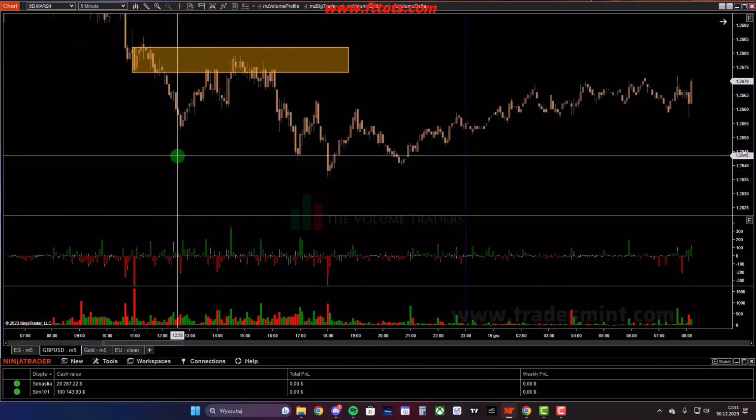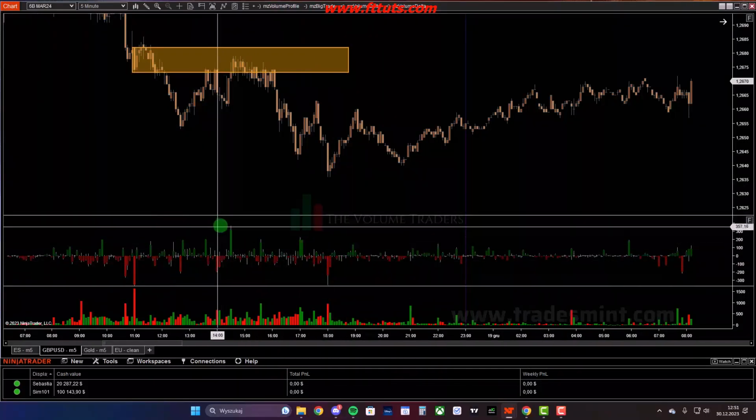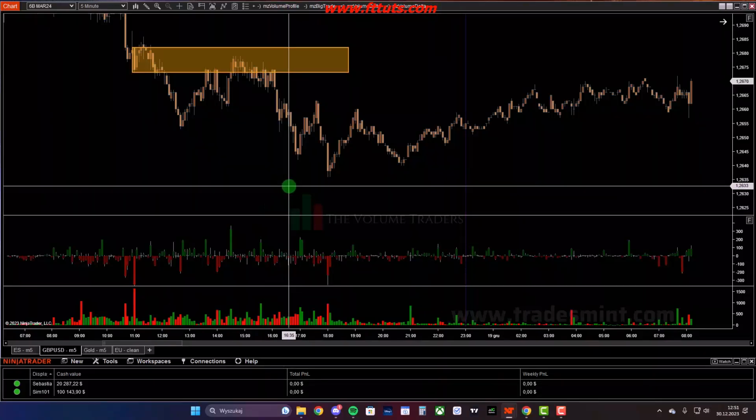A very similar way is looking for delta zones. And what is delta? I always have this tool open on my chart with the volume. Delta shows us the difference between buyers and sellers.